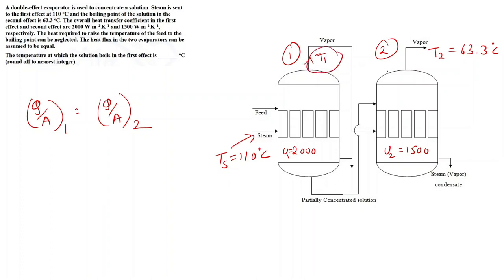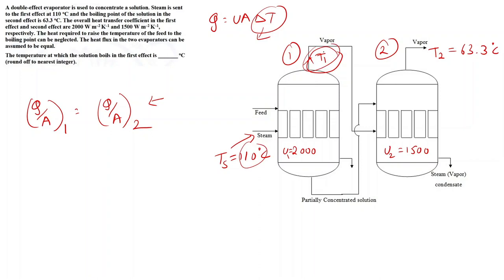So we will write the heat balance across these two effects using the information that has been provided. Based on the overall heat transfer coefficient, we can write Q as UA delta T, where delta T is the inlet minus outlet temperature. For the first effect evaporator, the inlet temperature is 110 and the outlet is T1.